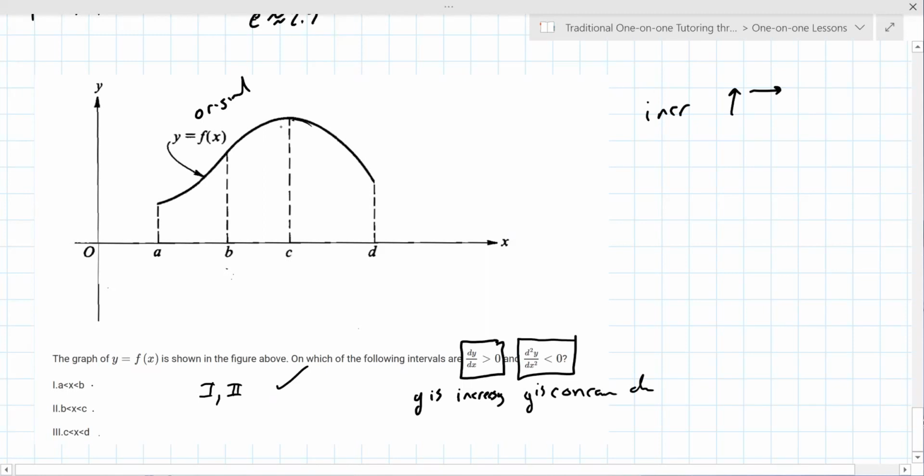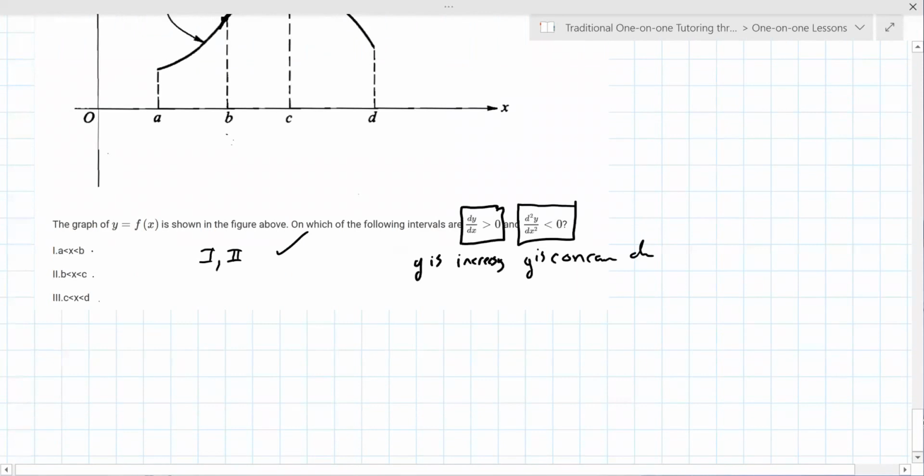It is concave down there, but it's also concave down here from B to C. You just look at anywhere from A to D. But B to C, we just said was concave up. No, B to C is increasing. So how is it concave down? Okay, so let's go through the 4.